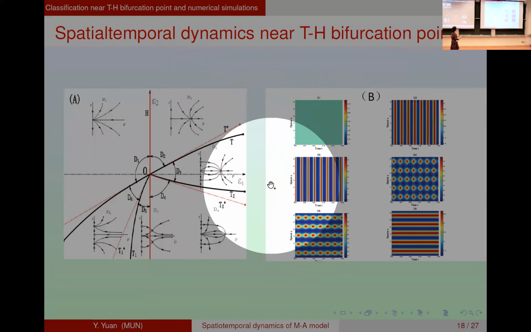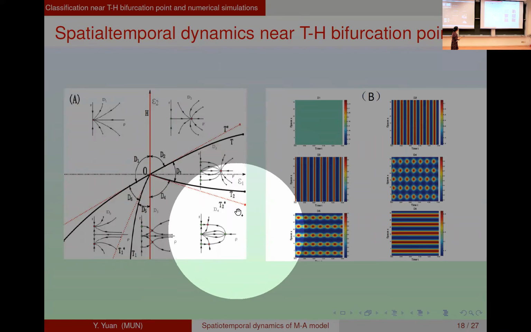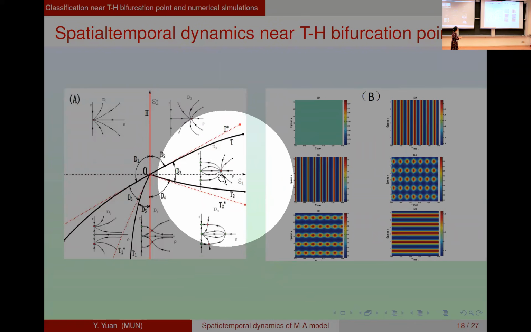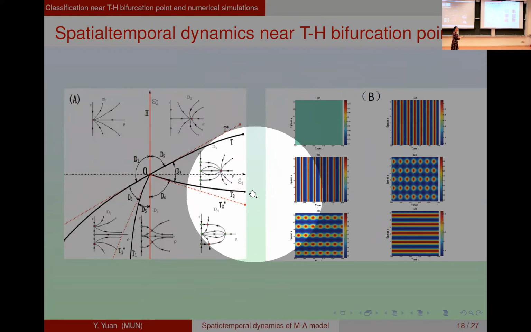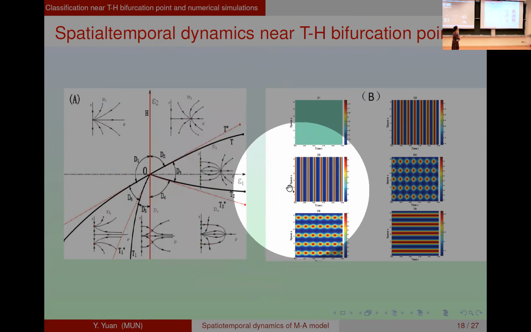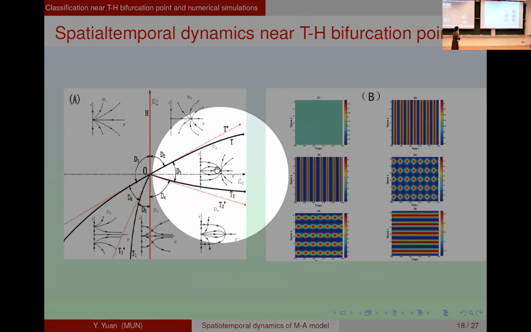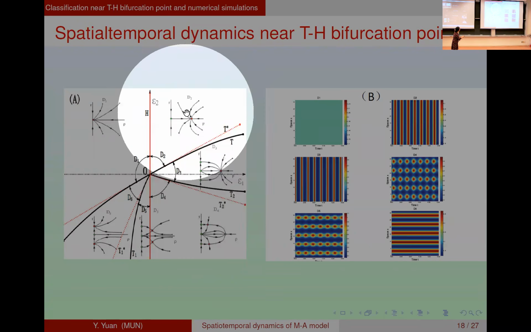This one is locally stable. It is still on an axis.